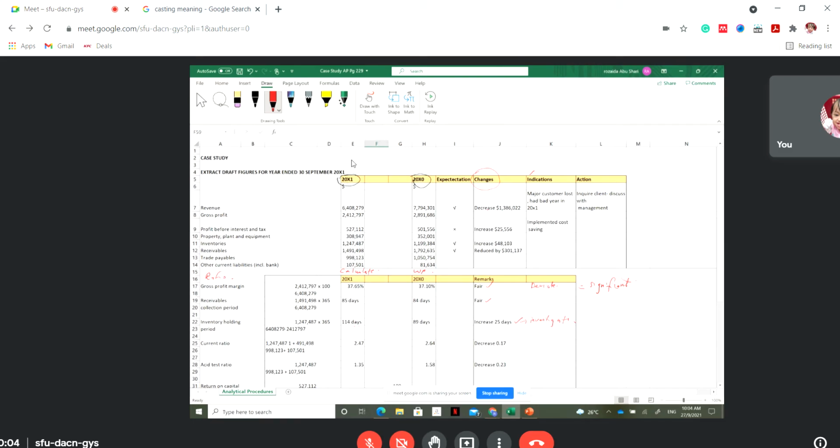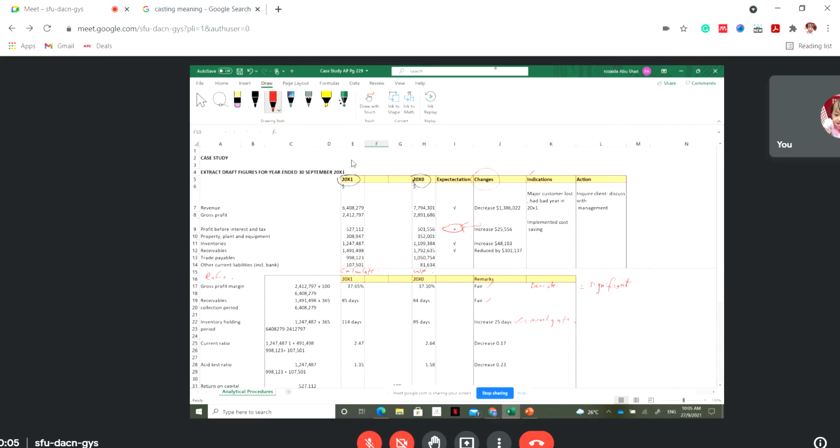Okay, you see an increase in profit. So do you expect an increase? Actually not, because you have a reduction in revenue. Profit before tax should reduce. So this is what you do not expect. So this is a relationship which is not good based on your understanding.